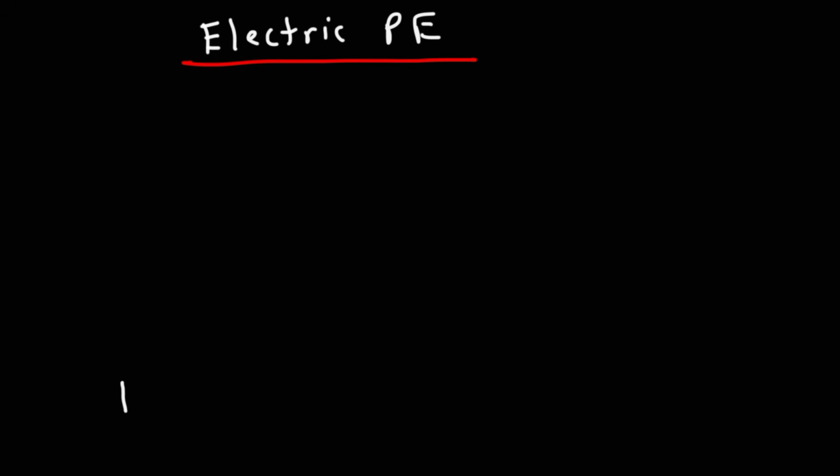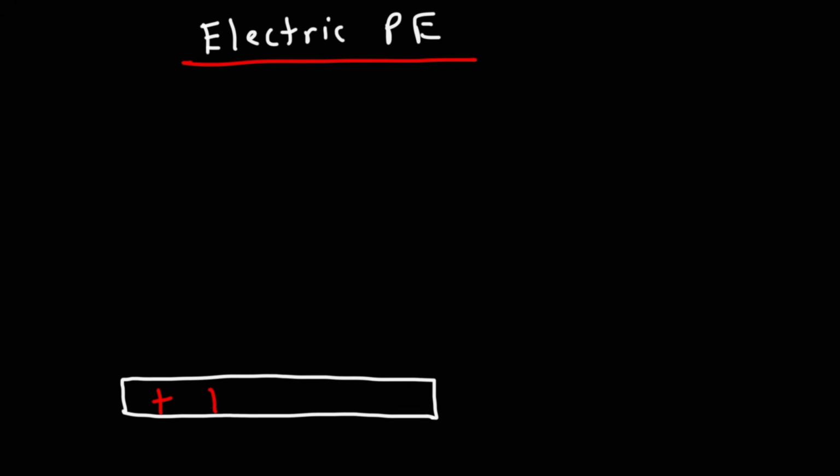Now, this situation is similar to another type of potential energy called electric potential energy, in which case the potential energy is determined by the relative positions of charged particles. So let's say we have a charged plate, a positively charged plate, and we have two charges.